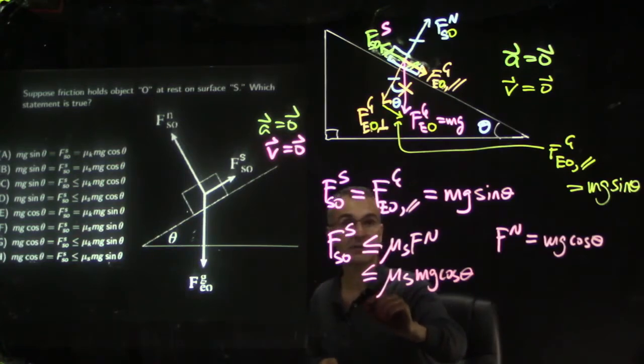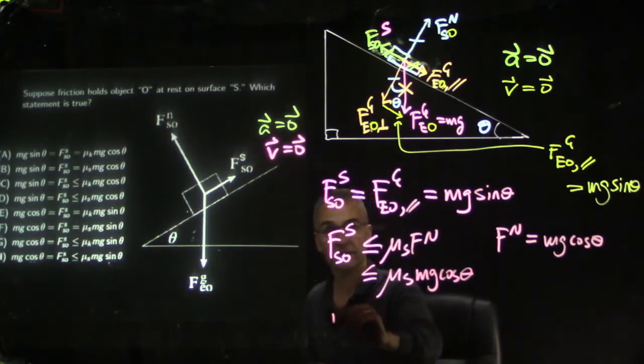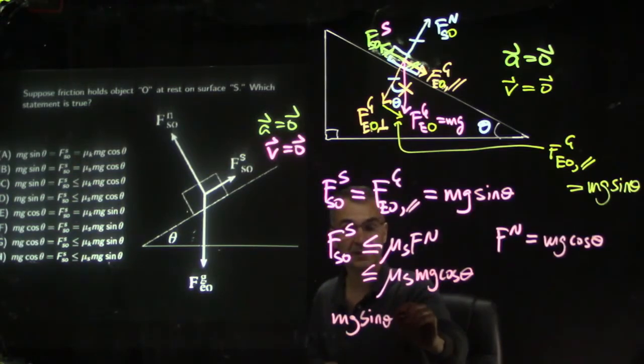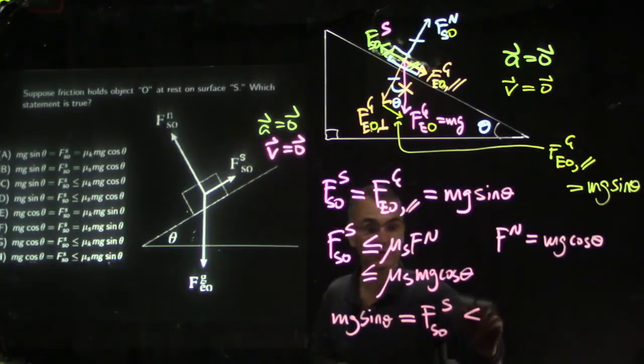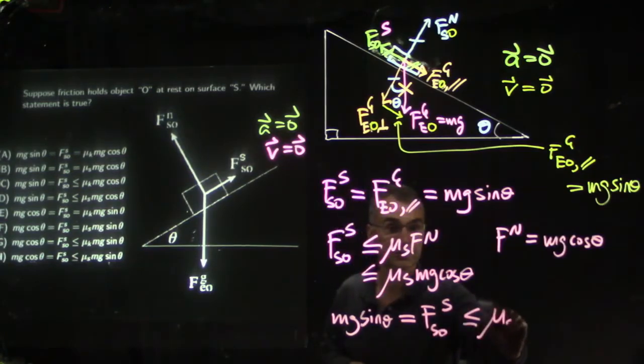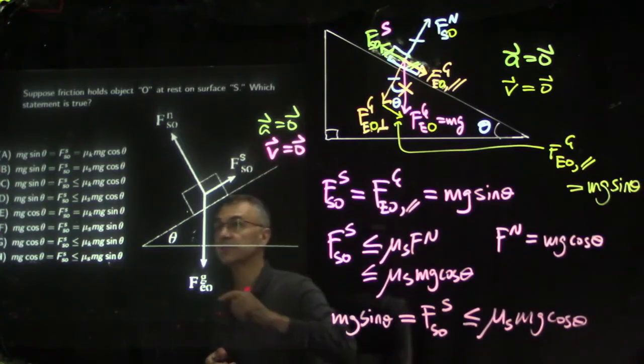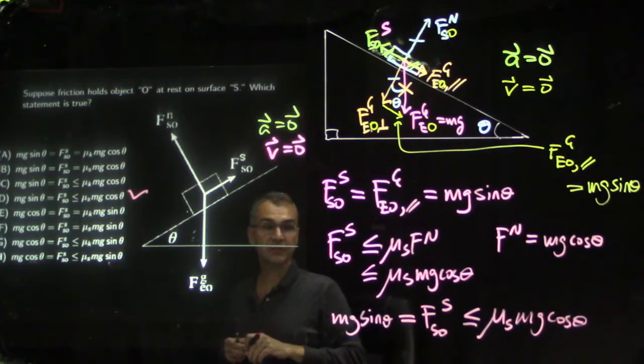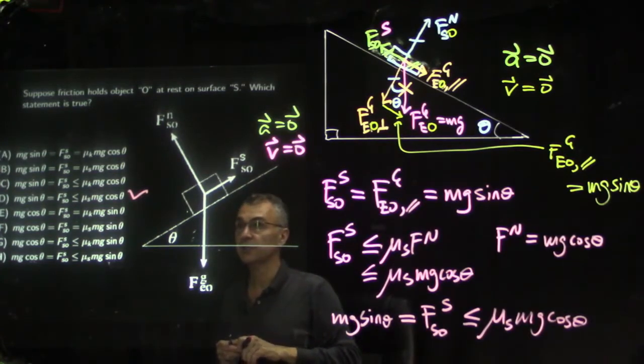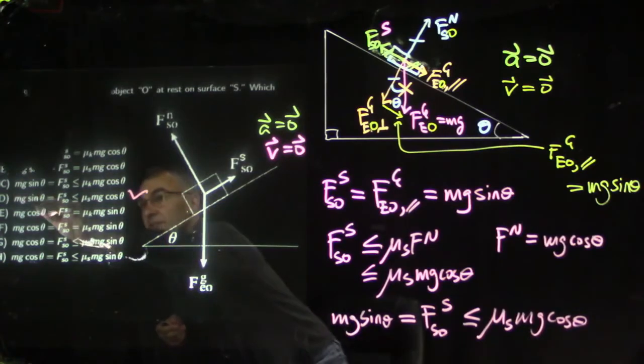Then I think what that's saying is mg sine theta from up here equals the static friction force, which must be less than or equal to mu static mg cosine theta. It has to be S for static. Yeah, so I like this, D, delta.